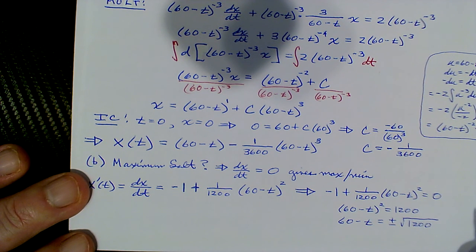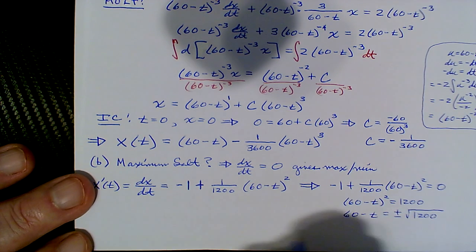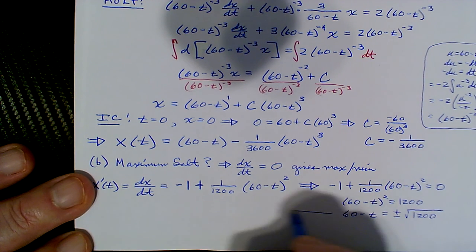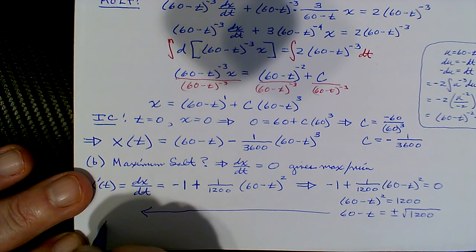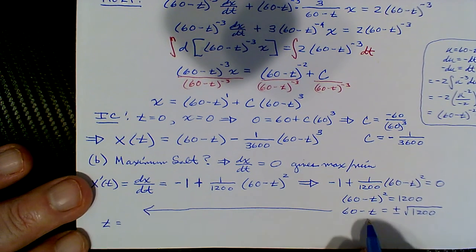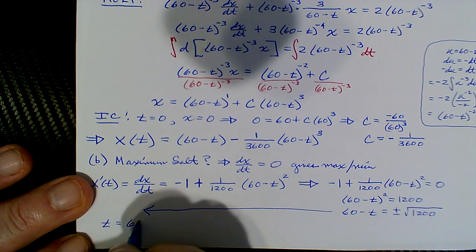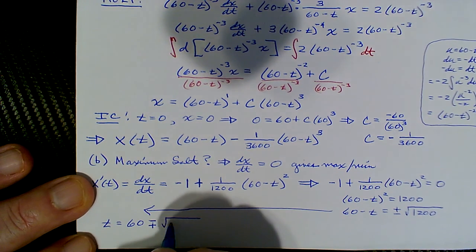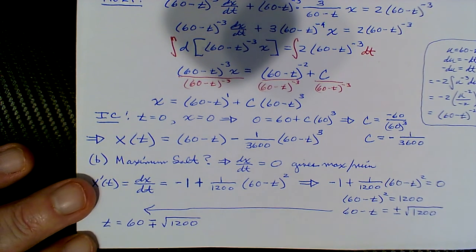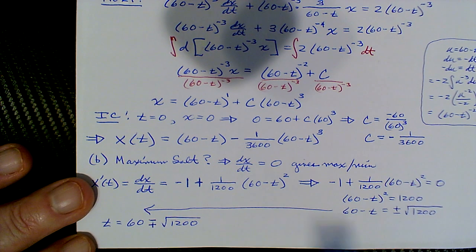And that would mean that t is equal to 60, let me say minus plus the square root of 1200. Because what I did there in a clever way is I brought the t to the right and then brought this to the left. So instead of plus minus, I changed it to minus plus.